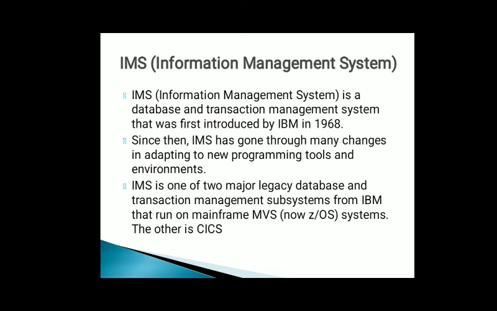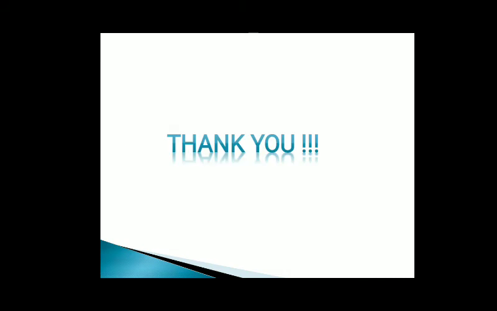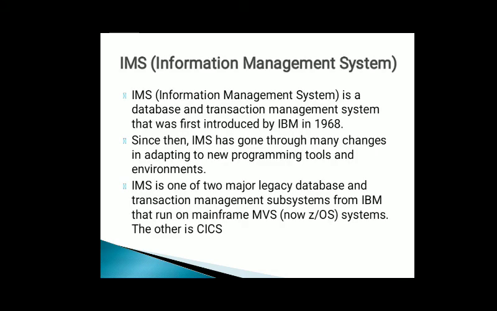IMS consists of two major components. First, the IMS database management system, in short IMS DB, and the IMS transaction management system, in short IMS TM. In IMS DB, the data is organized into a hierarchy, a hierarchical structure.